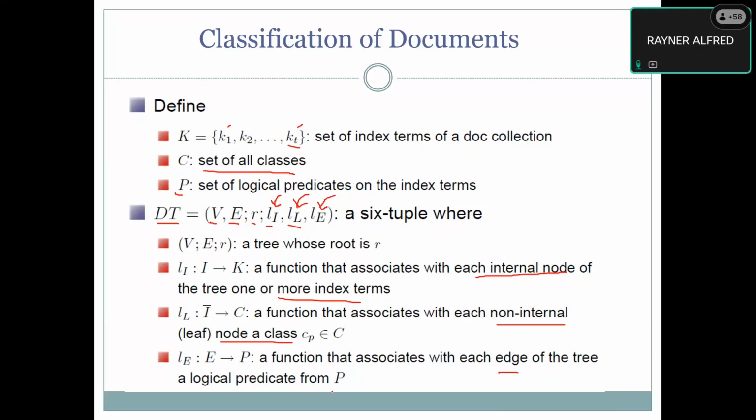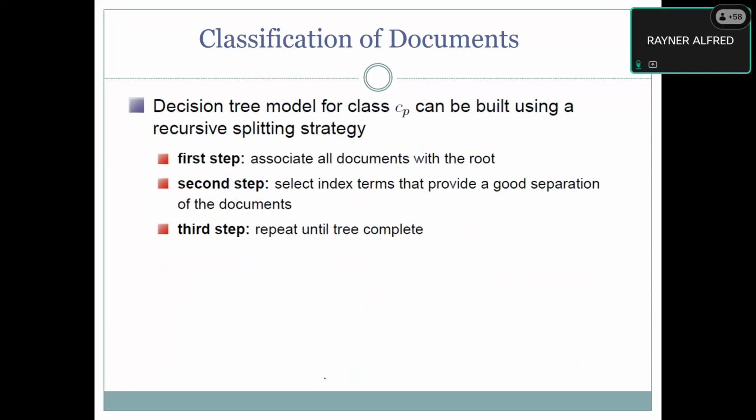So a logical predicate refers to whether the word exists or not in your document. Okay? So if we look at the steps, the first thing that we need to do is associate all documents with the root. So they start from the root. And then the second step is to select index terms that provide a good separation of the documents.